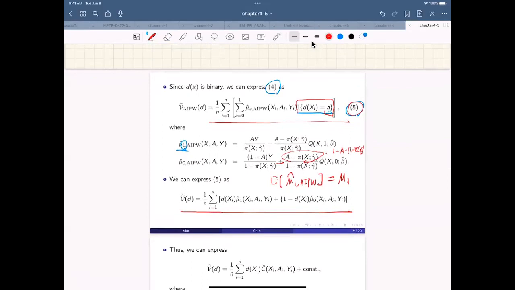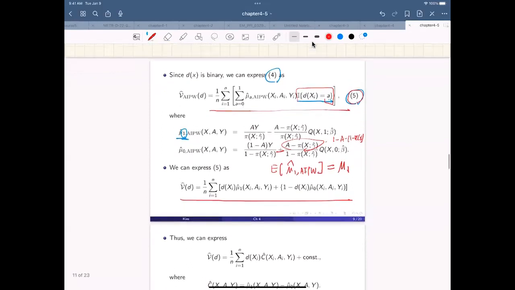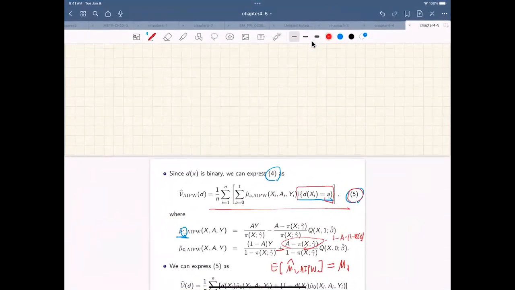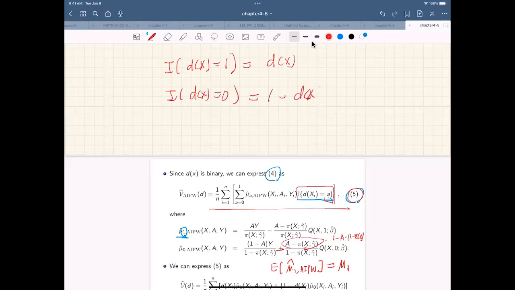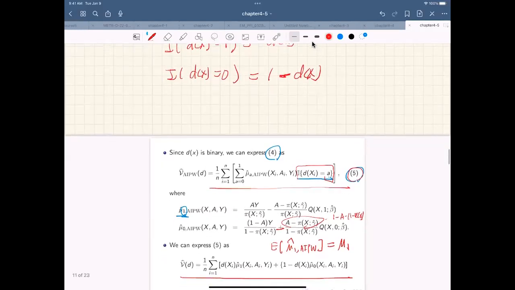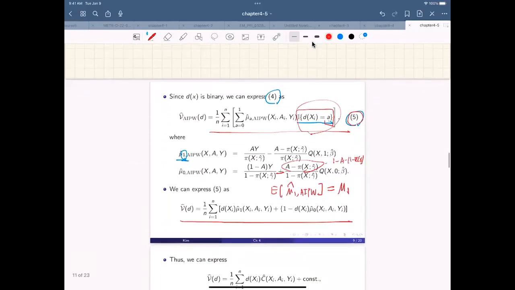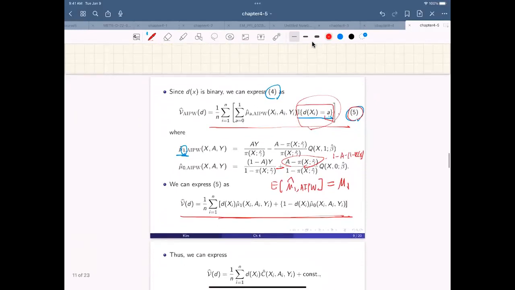So my point is, you can write it this way, use this one to plug into here, then write it as something like this. Okay.